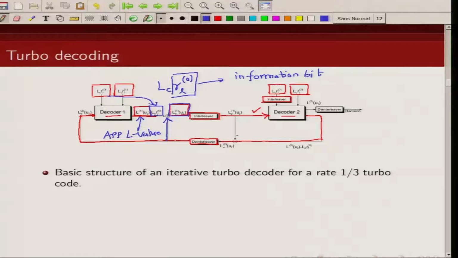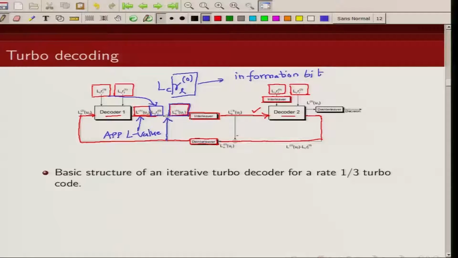You can think of it as some additional information about the information bits that has been derived from the structure of the convolutional encoder. And how am I computing this extrinsic information? From the APPL value, I subtract the contribution of the received channel bit and the contribution of the a priori value.